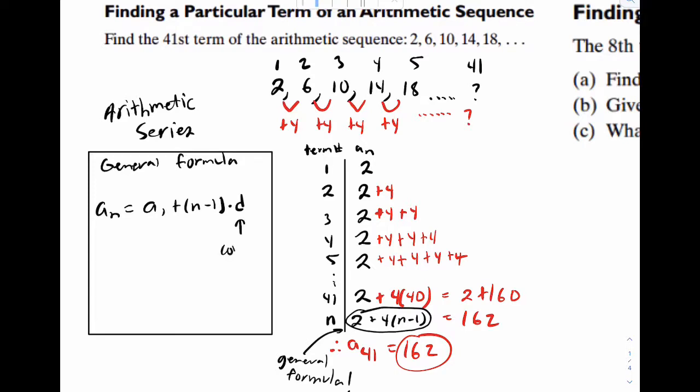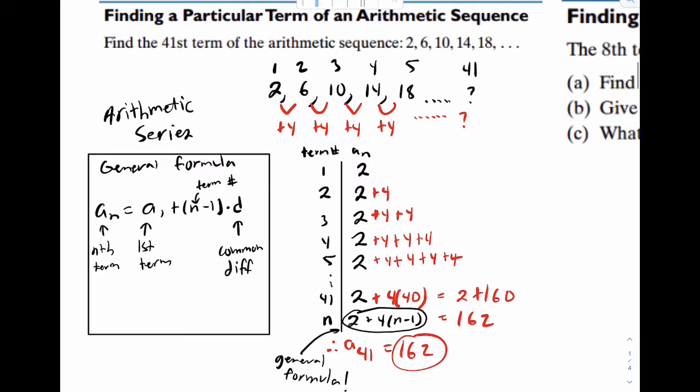So d is your common difference. A1 is your first term. An is your nth term, typically the term you want. And then n is kind of like your term number. So that's going to be the formula we're working with here.